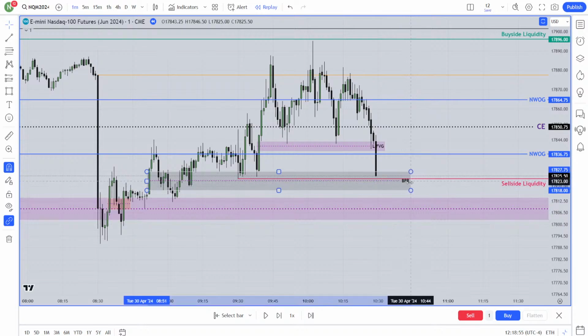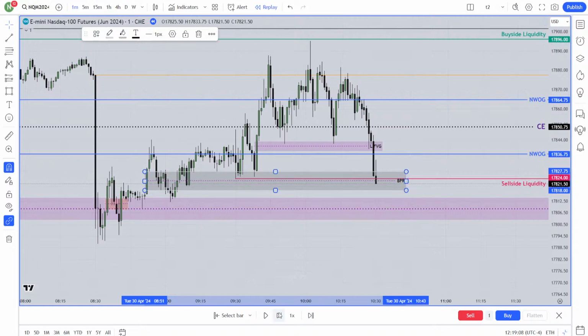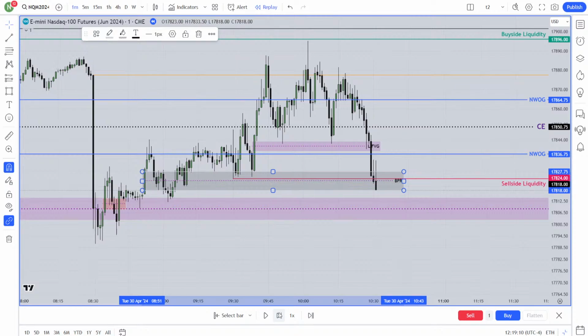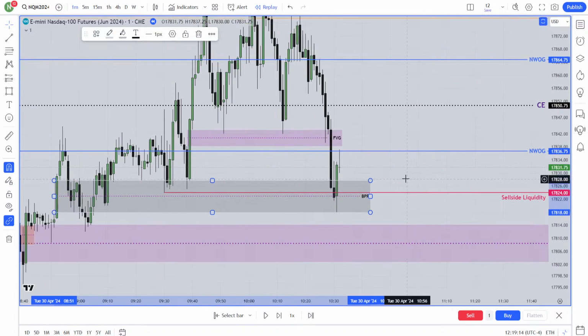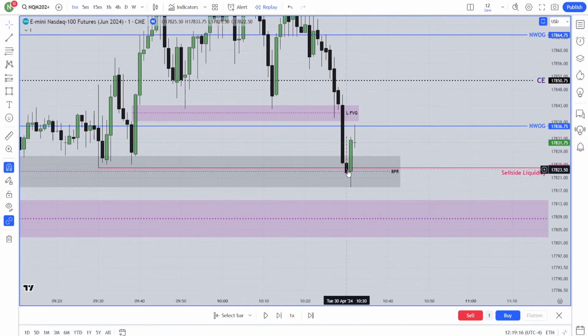If I would love to use this BPR, I have to see market tap to the high or to the consequent encroachment. Body can't close below the consequent encroachment. Then I will be interested to take buy depending on that BPR. Let's see. Market went lower again. What do you see around that area?